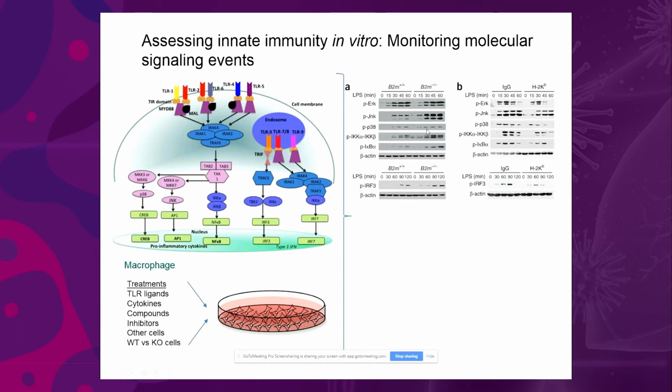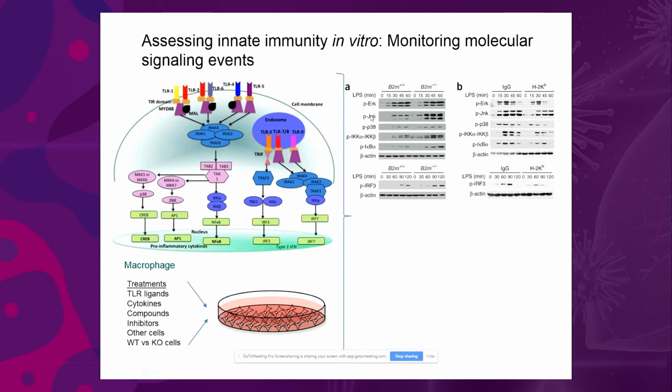But the classical, traditional, and more common system, where we can look in a wider way at most intracellular signaling cascades, is Western blotting.